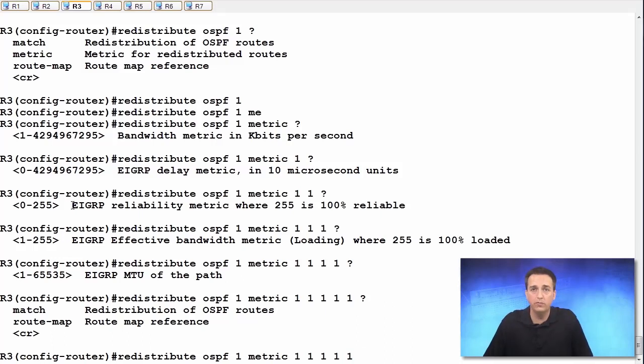It's up to you. For example, what I'm showing you right now is a perfectly acceptable value in my topology. It doesn't matter what I put. I could put 1, 1, 1, 1, 1. And then based on those numbers, EIGRP is going to calculate a metric for me.